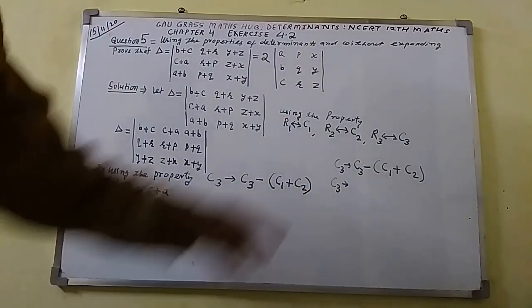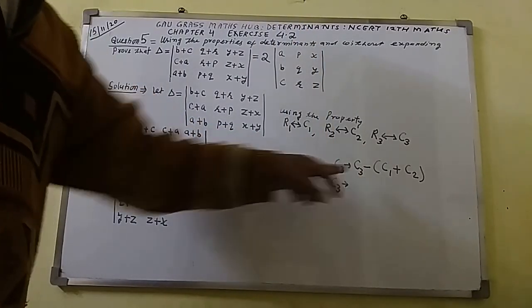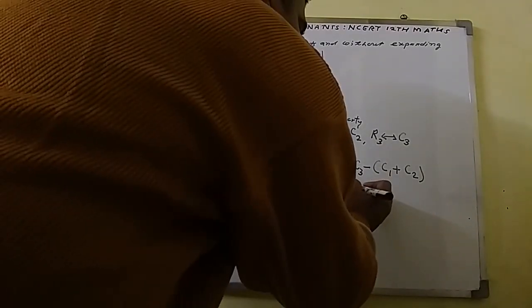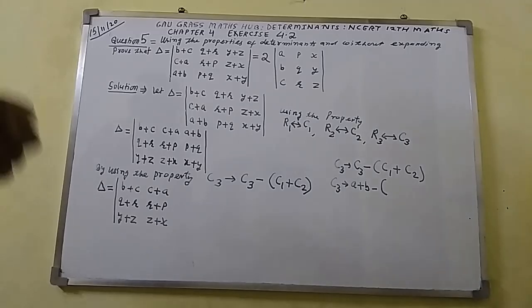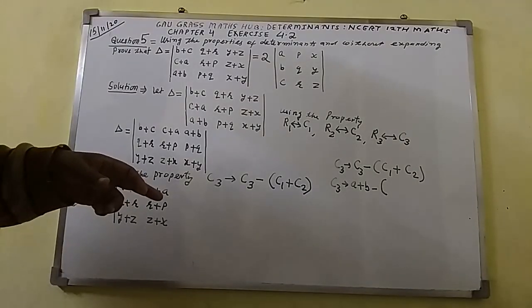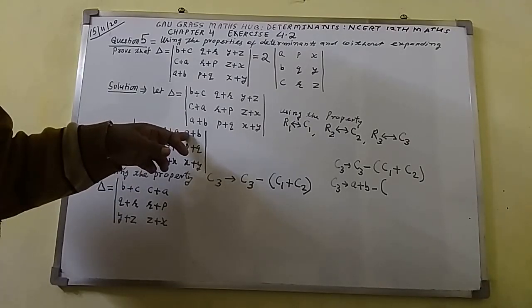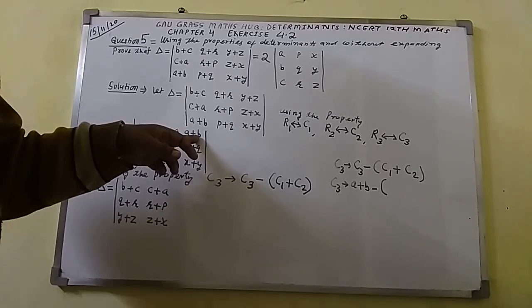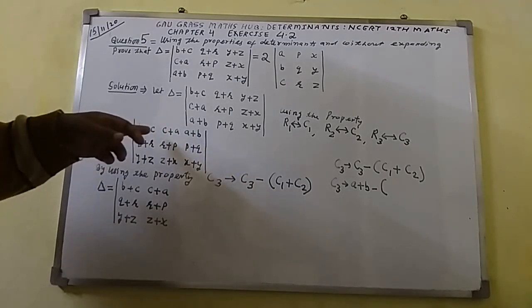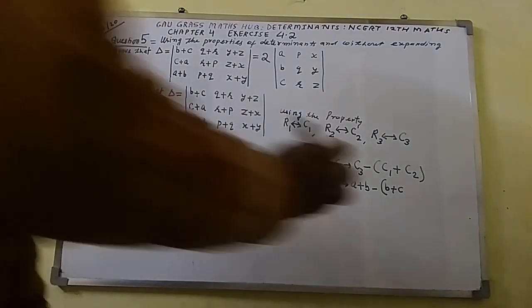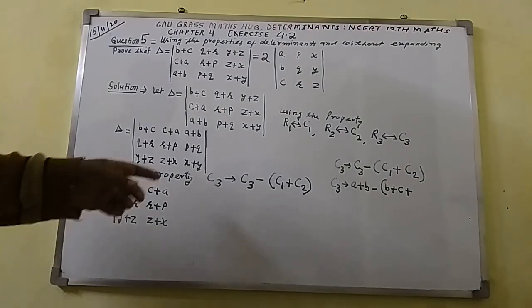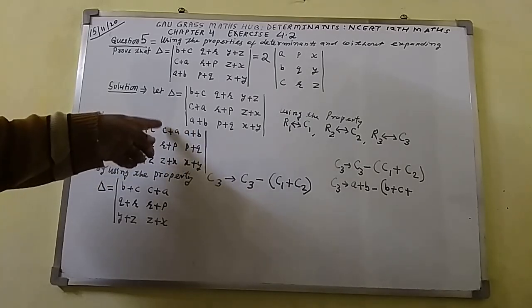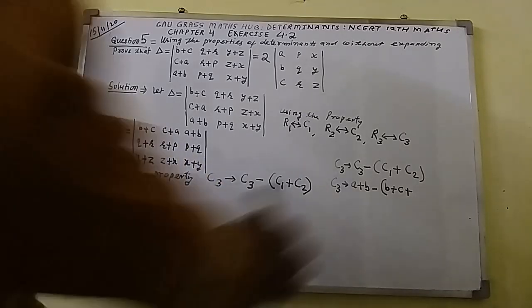In place of C3, in the elements of C3, if I take A plus B, so here write A plus B. So A plus B minus, right here minus, in bracket C1, the corresponding element of A plus B in the first column will be B plus C. Right here, B plus C plus the corresponding element of A plus B in second column will be C plus A. Right here C plus A.